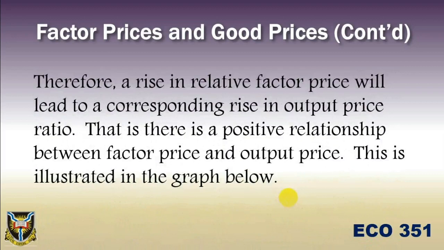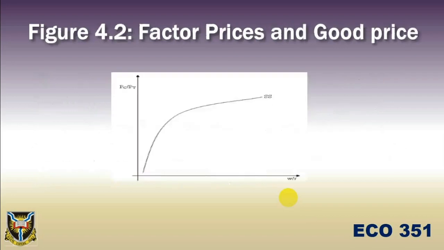Whereas if the price of labor rises, total cost may not rise much, since labor is needed in small quantity in the computer sector. Therefore, a rise in relative factor price will lead to a corresponding rise in the output price ratio. That is, there is a positive relationship between factor price and output price. This is illustrated in the graph below.